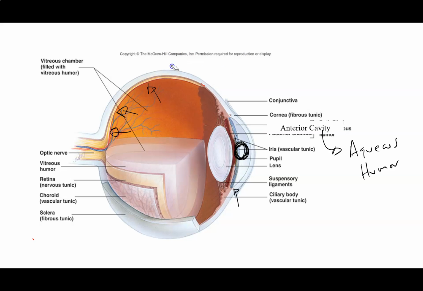Now, the danger with glaucoma is that the buildup of pressure in the anterior cavity will exert pressure into the posterior cavity, and increased pressure in the posterior cavity will begin to push on these blood vessels.